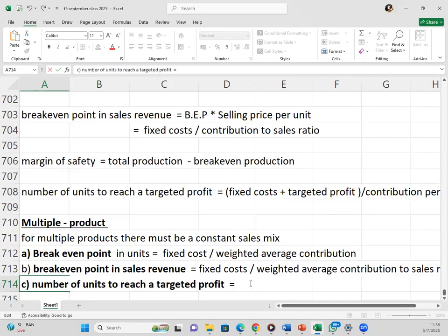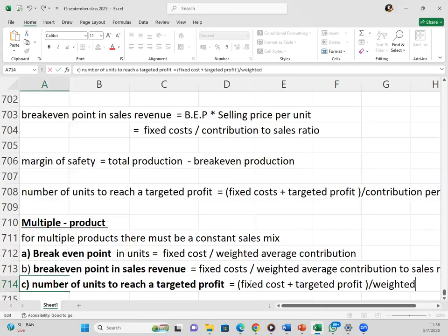We are saying the fixed cost plus that targeted profit over weighted average contribution per unit.